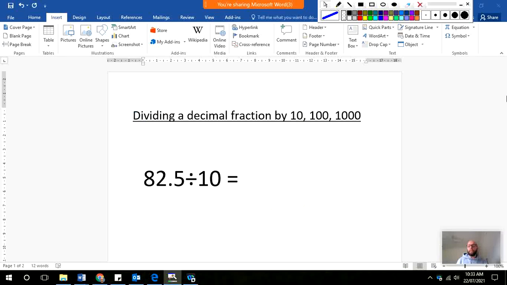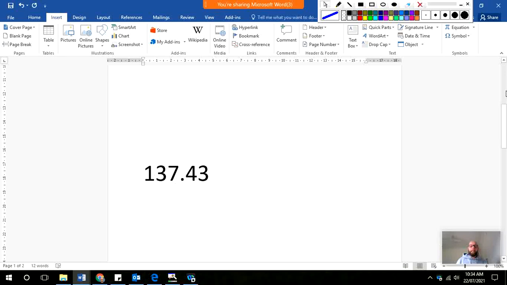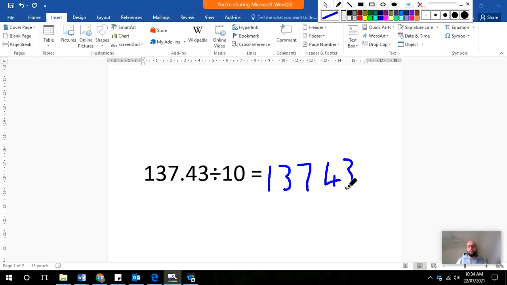Let's have a look at the next one. Let's do 137.43 hundredths, and let's divide that by 10 also. 1, 3, 7, 4, 3.